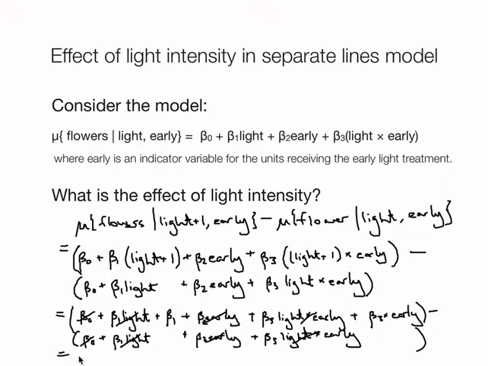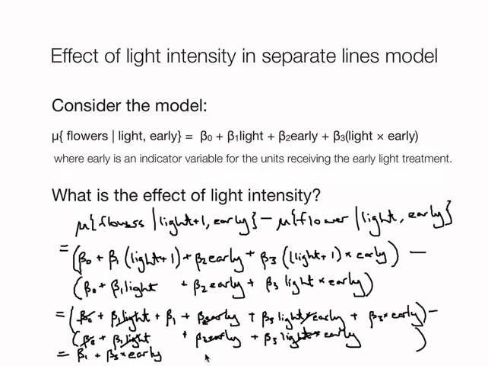Beta 1 plus beta 3 times early. So the effect of the light intensity is beta 1 plus beta 3 times early. So the effect of the light intensity depends on what value this early variable takes.